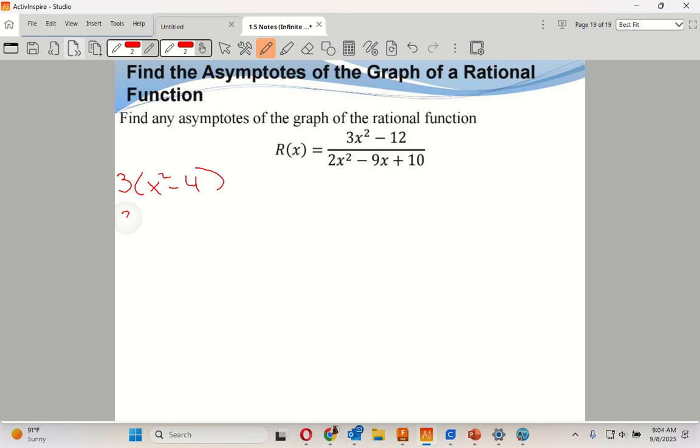And that's going to give me 3 quantity x plus 2, x minus 2.